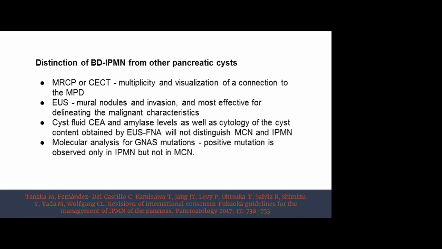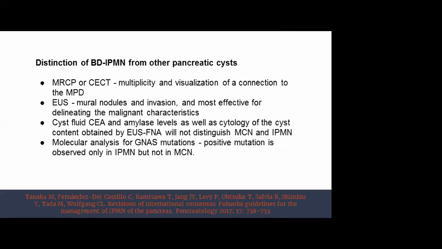Coming to distinction of branch duct IPMN from other pancreatic cysts, MRCP or CECT usually shows multiplicity and visualization of a connection to the main pancreatic duct. As already told, there can be other cystic lesions in the pancreas, but the communication to the main duct is what differentiates branch duct IPMN from the other pancreatic cysts.